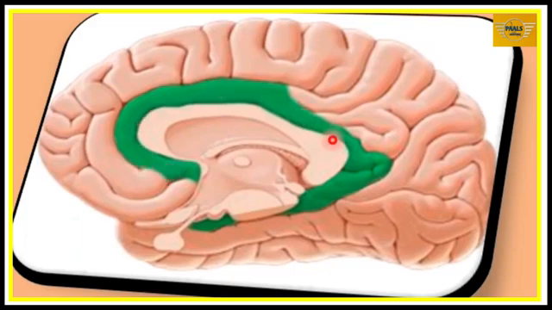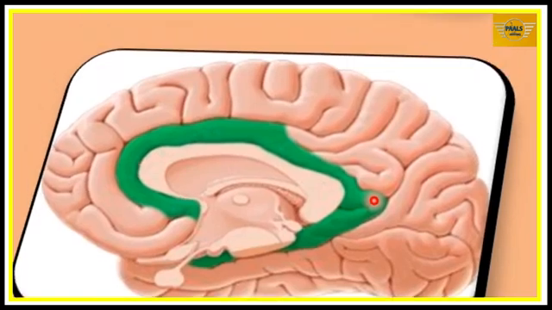Now we have the part within the temporal lobe, which we call the parahippocampal gyrus. And we have this connection that joins both the cingulate gyrus and the parahippocampal gyrus. At this point, we call it the isthmus. We are going to use our next diagram to clearly show where we have the fourth part of the limbic lobe, which is the uncus.